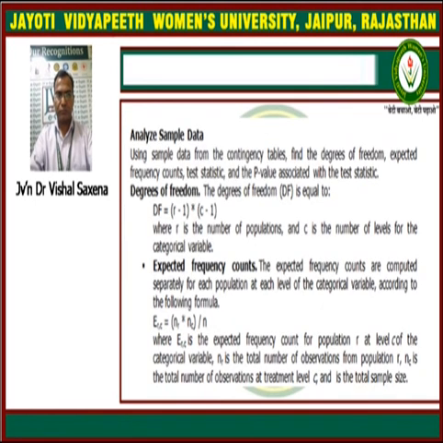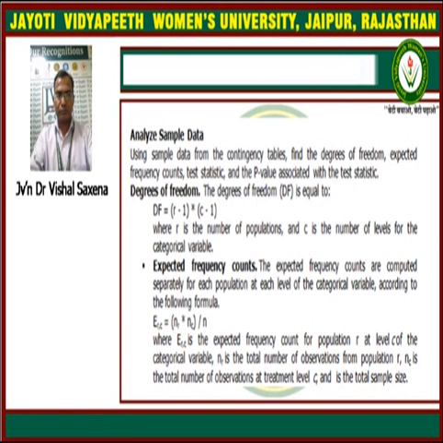Then we have to find our degrees of freedom. Degrees of freedom is given by (r minus 1) times (c minus 1). R means the number of populations and c represents the number of levels of the categorical variable. And then, very important, how to find the expected frequency. The expected frequency E(r,c) is given by n_r times n_c upon n.